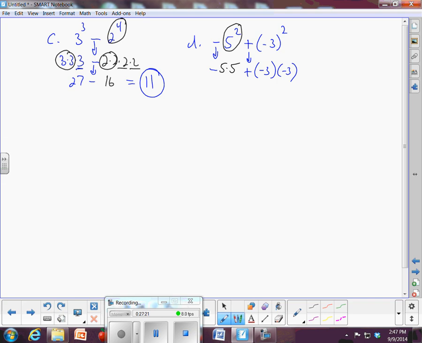Okay, so what's in front of the plus sign? What's this front end up being? And hopefully you say negative 25. We still got that plus sign. See how you do your work underneath? And what do we have on the right? Negative 3 times negative 3. Negative times a negative is a positive. 3 times 3 is 9. And we end up with positive 9. So we have negative 25 plus 9.